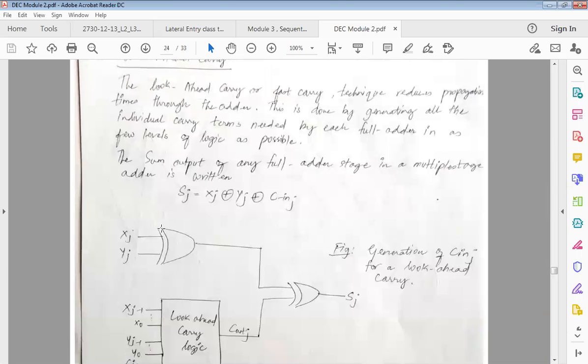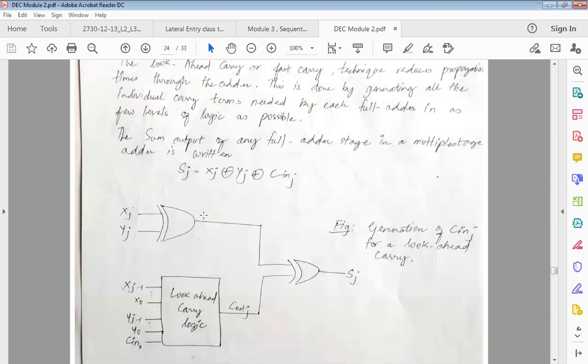The reason why we are using this kind of generator is that it reduces the time for generating the carry. Usually we have to wait for carry to be generated from one block to another block, right? When we add 1 and 1, it's 0 and then carry gets generated. Only after this addition process do we get to know that carry is getting generated, and it needs to be propagated to the next value.